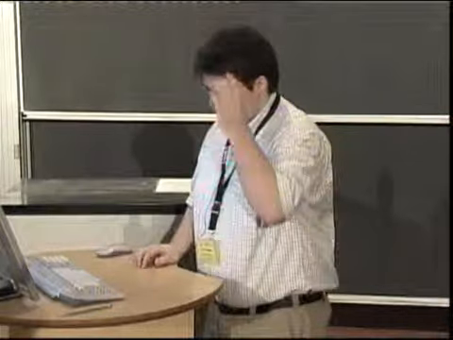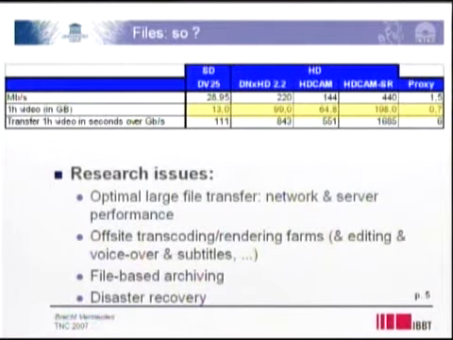So files, what does that mean? With standard definition, you typically have 25 megabits per second or 50 megabits per second as a video stream. This means for 1 hour of video, you have 13 gigabytes. Transport over a gigabit network takes almost 2 minutes.